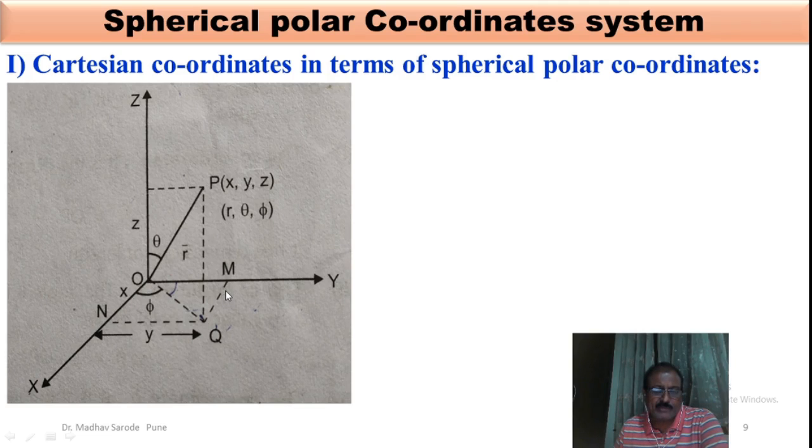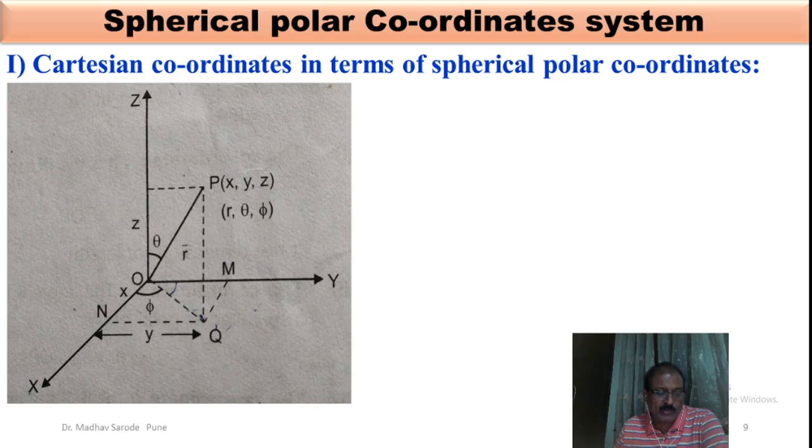So how to find the value of ON? By using this right angle triangle ONQ. This angle is phi. So we use trigonometry.